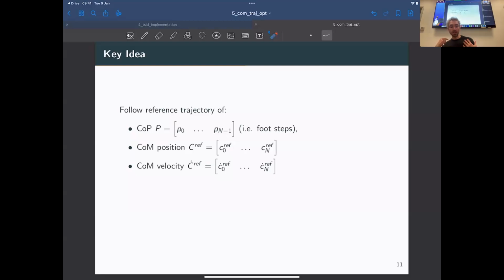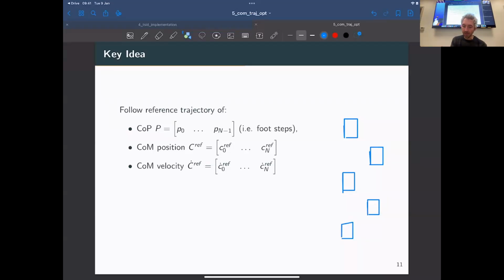So we're going to decide in advance where the robot is going to put its footsteps. And we're going to do it in a very simple way, like, you know, we start here, then we put our foot here, then our foot here, then our foot here, then our foot here, something like that. That's going to be our sequence of footsteps.